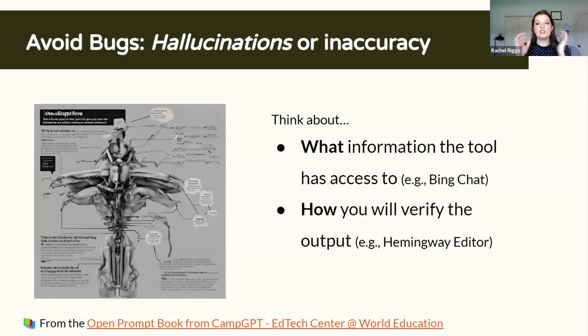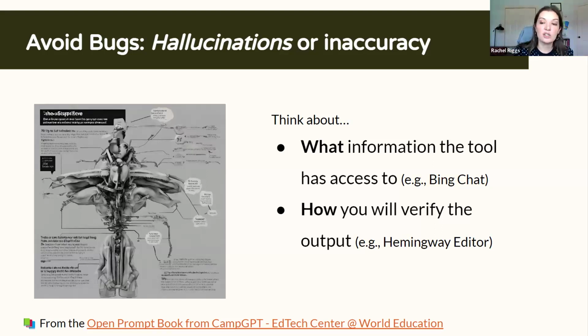So think about what information the tool has access to. Some of them are accessing the live internet, like Bing Chat in Microsoft Bing, the web browser, has constant access to the most up-to-date information on the internet. Whereas others, like I think the free version of ChatGPT, only have access to a certain cutoff point, which might have been like last year or something.